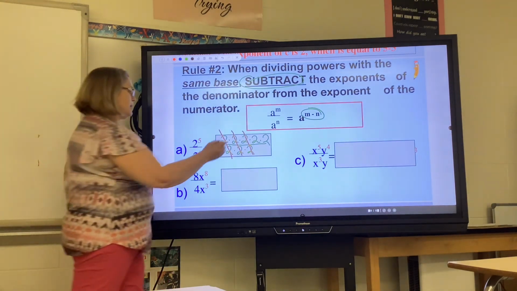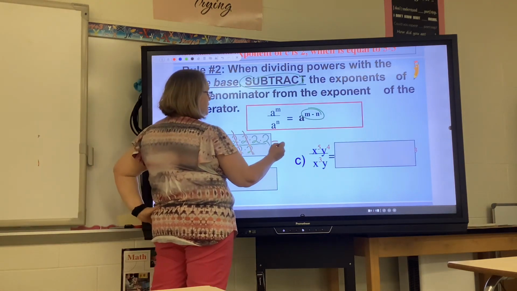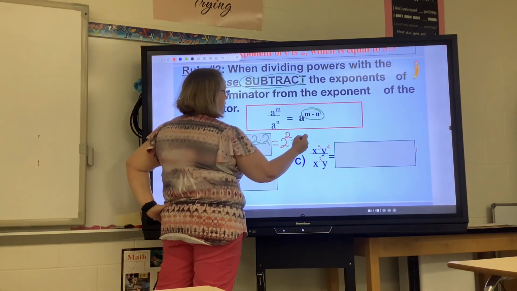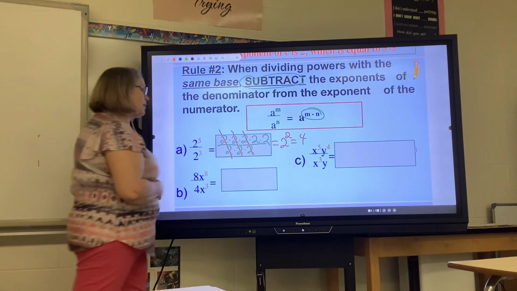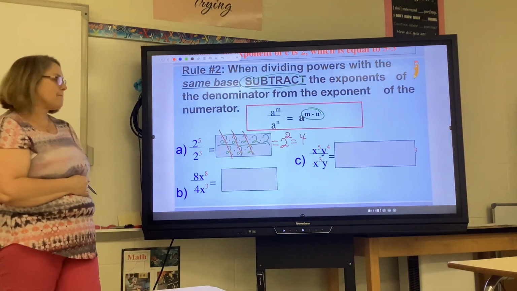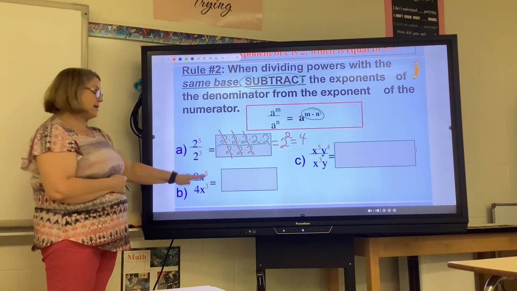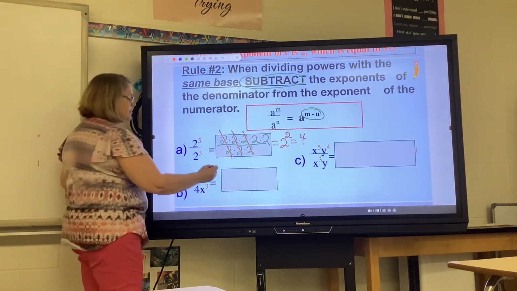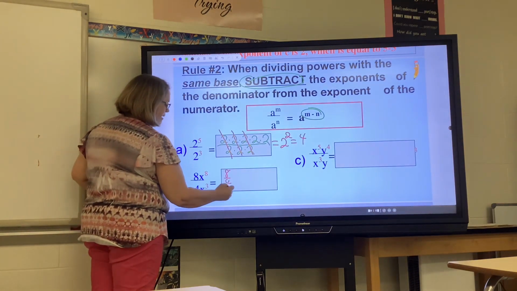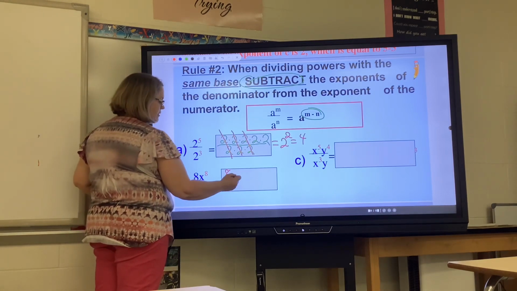What's left is 2 and a 2, which is 2 squared, which of course is going to be 4. When you have numbers, you do the same thing you've been doing. So 8 divided by 4, of course, is going to be 2.